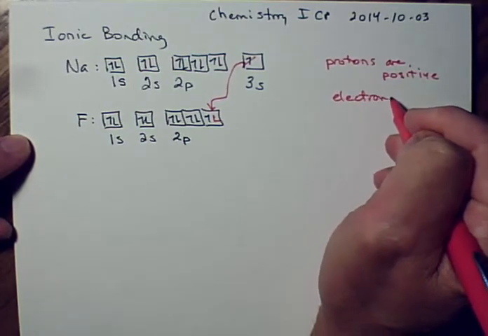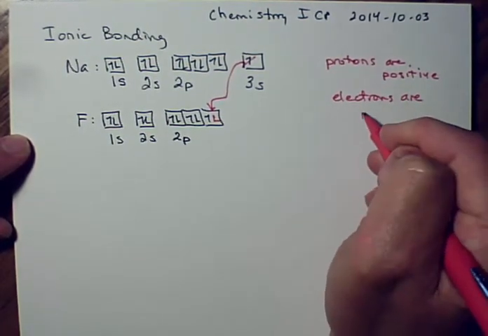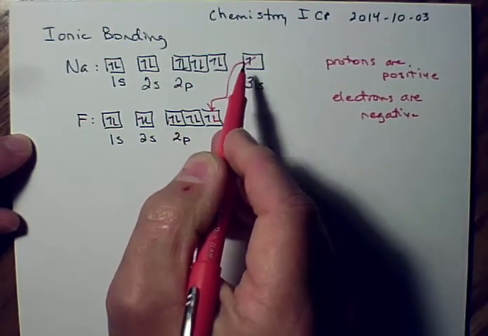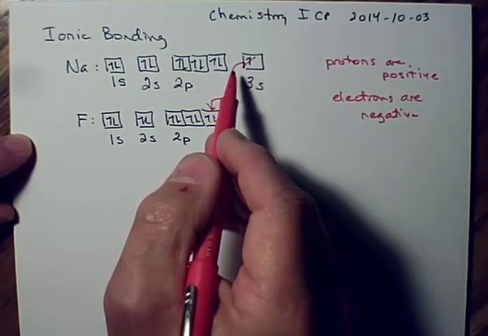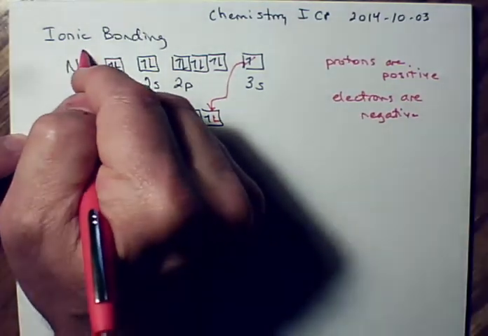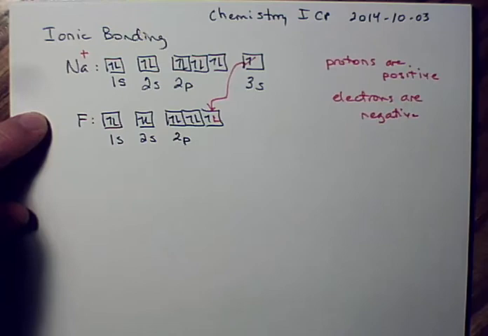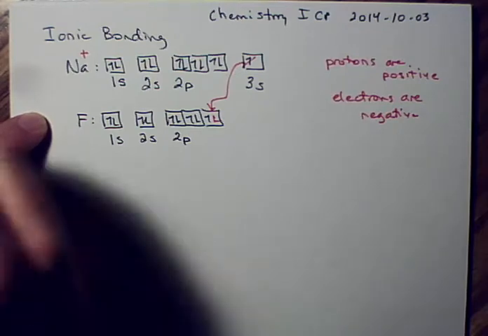Electrons are negative. Okay? So if I have 1 more proton than electrons, this element here is now positive. It's not an atom anymore. It's now an ion.